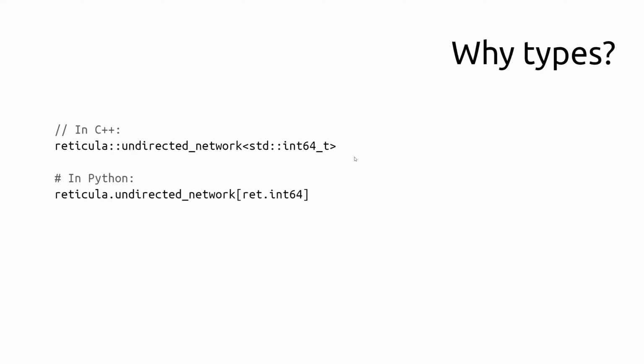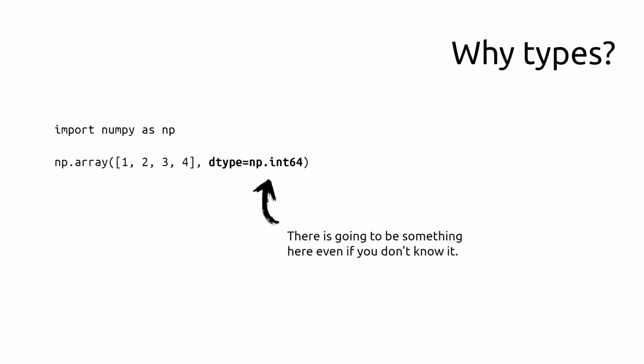In C++, you can also have this kind of templated types, where the type is a kind of function templated with subtypes. So here, undirected network of integers, that's how it's defined. And here is how the same thing is defined in the Python version of this binding. So this binding is basically just a translation of the C++ code.